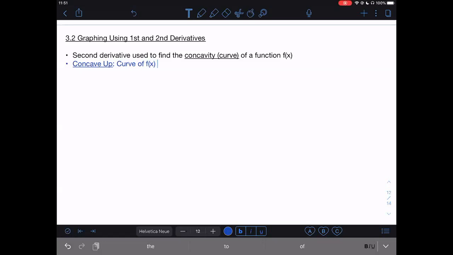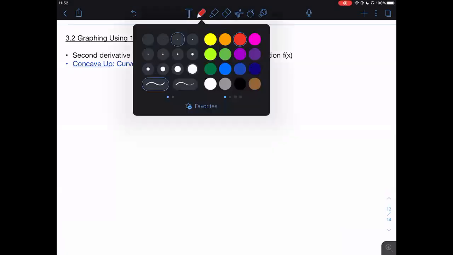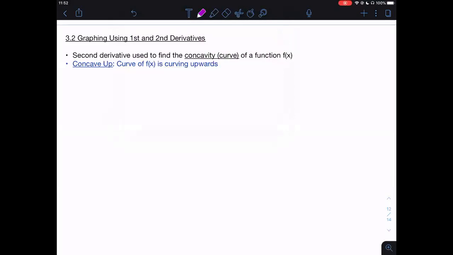In other words, it has a shape that looks like an upwards parabola. So the curve of our function f of x is curving upwards. It may look like this, like an upwards type of parabola.